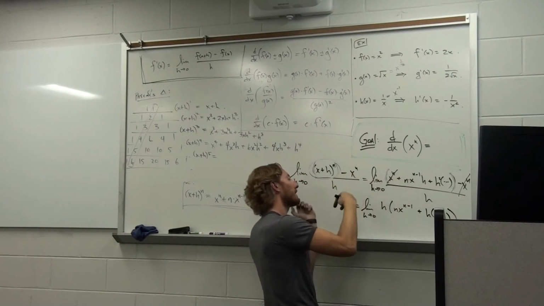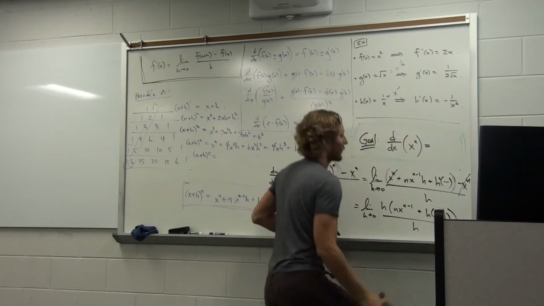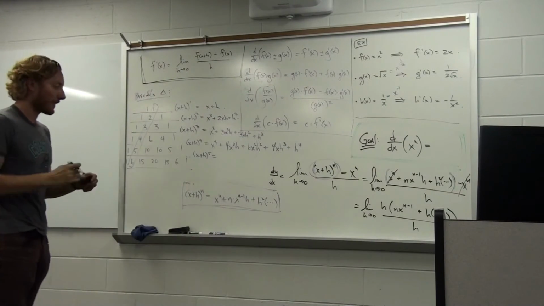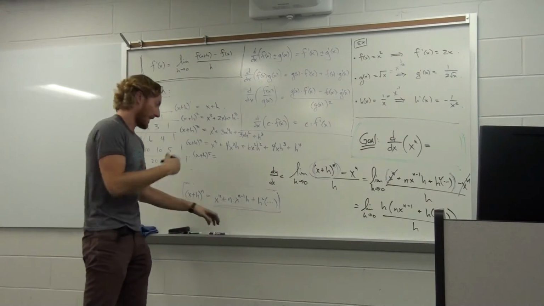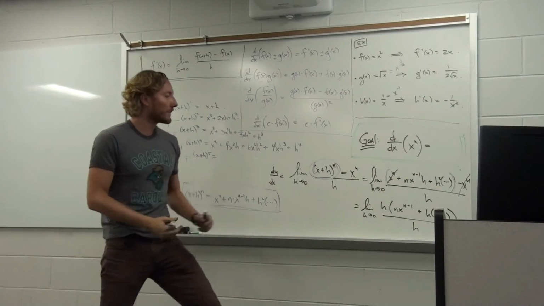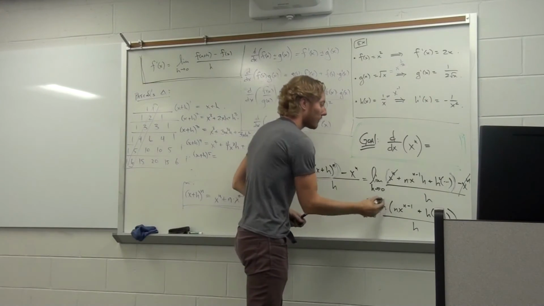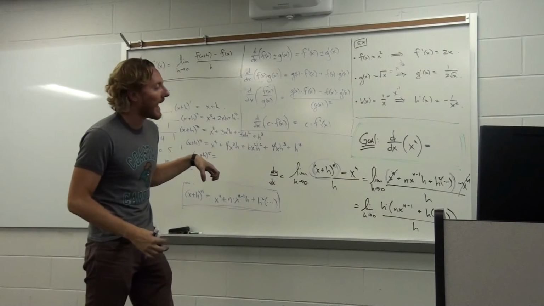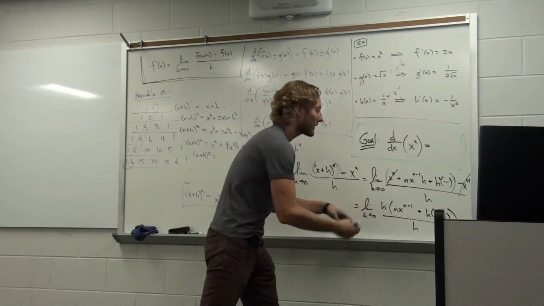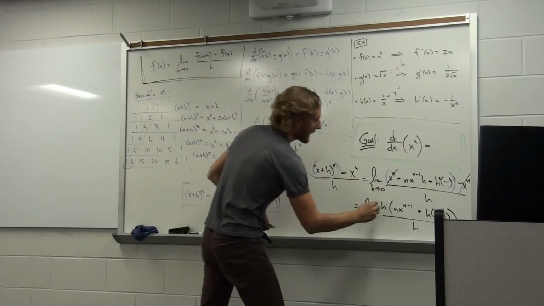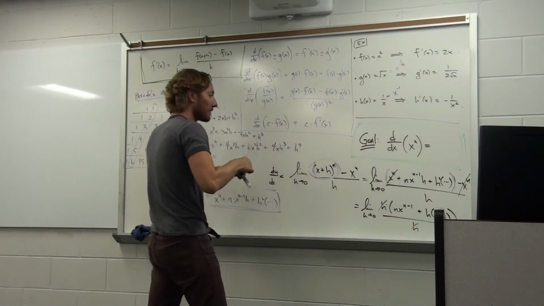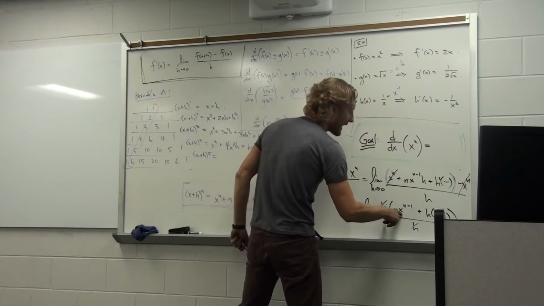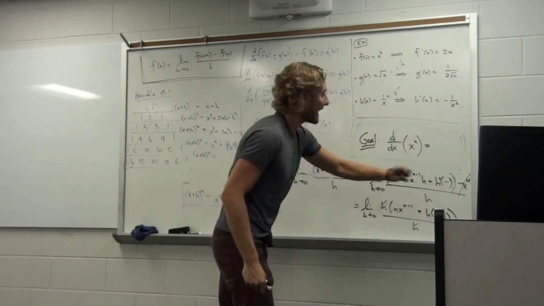Because it was h squared, take one of those h's away, you have a single h remaining, and now we've got an expression like so, which, taking the limit for the derivative, the h in the denominator presents the problem from the get-go. But notice what we've got now. Since we factored out the h, we have an h upstairs and an h downstairs. That cancels. And when that cancels, we're left with just the expression n x to the n minus 1 plus h times something.